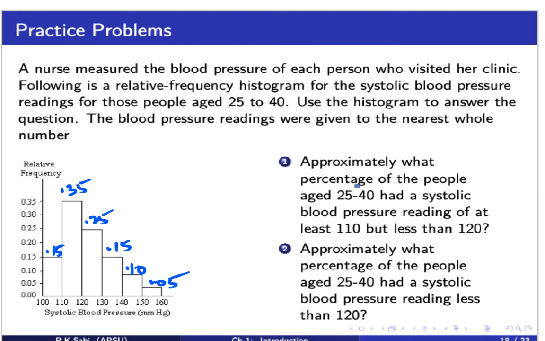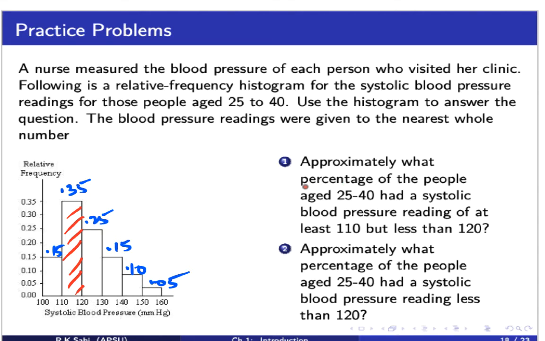Okay, so let's look at the first problem. Approximately what percentage of the people aged 25 to 40 had a systolic blood pressure reading of at least 110 but less than 120? In other words, we are looking at this tall little rectangle, which is 0.35.